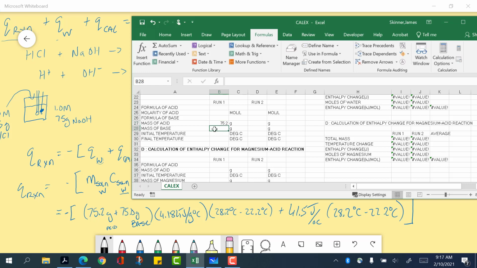The mass of the base was 75. The initial temperature was 22.2. And the final temperature was 28.2.